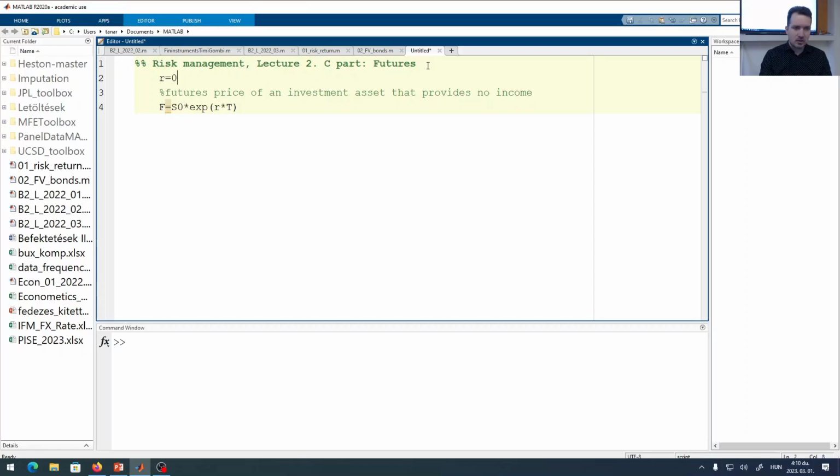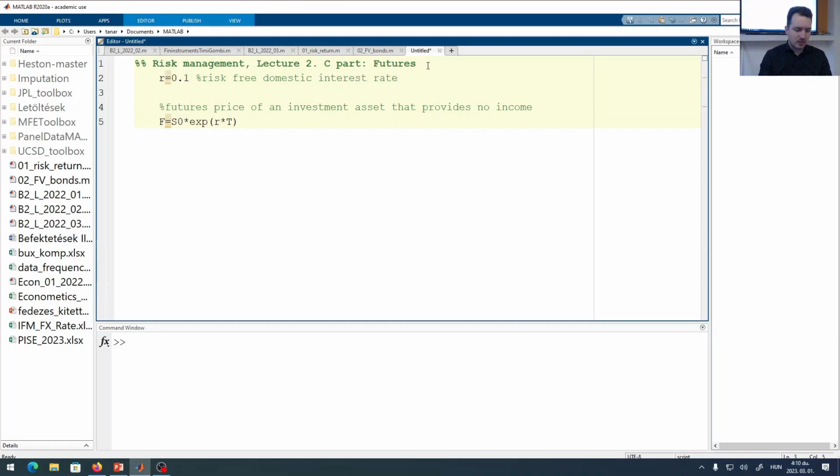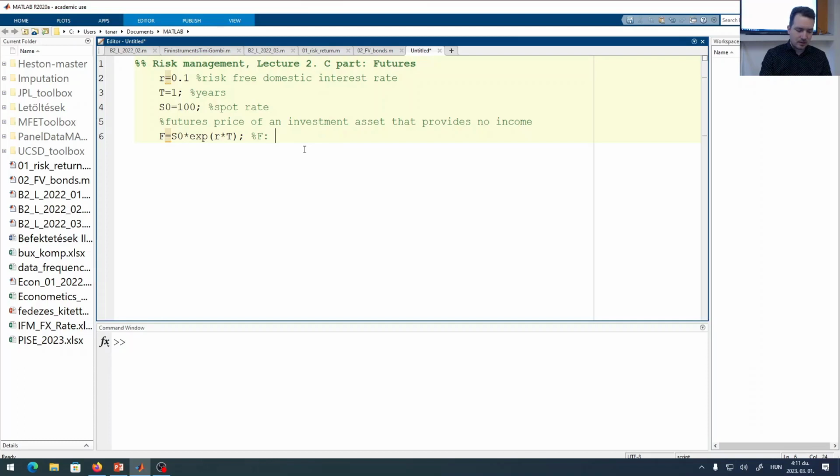So let's say r equals 0.1, the risk-free domestic interest rate, t equals 1 year, and assume S0 is, let's say, 100. Spot rate and future value.